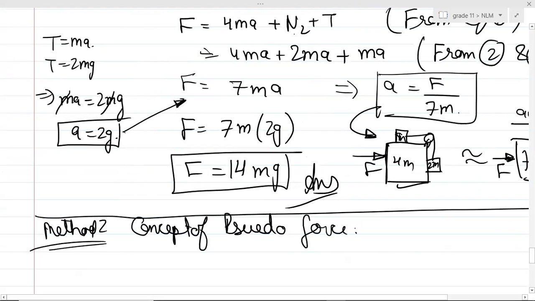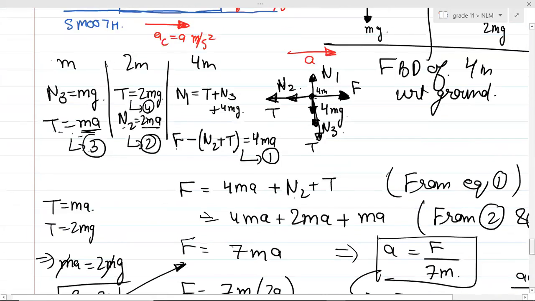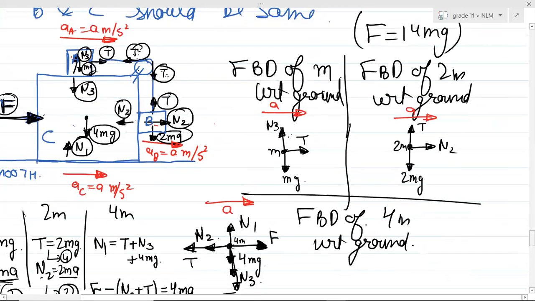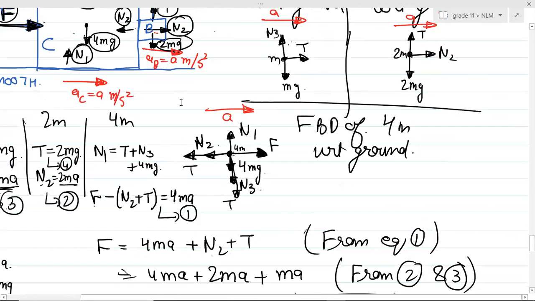The first thing first, you'll draw the free body diagram of 4M. Can you see the block A and B were over this 4M?